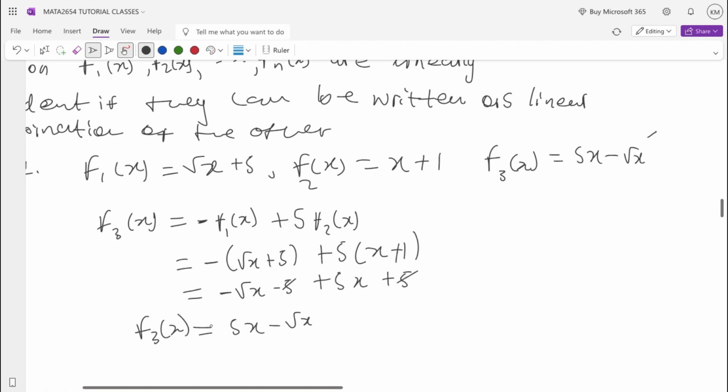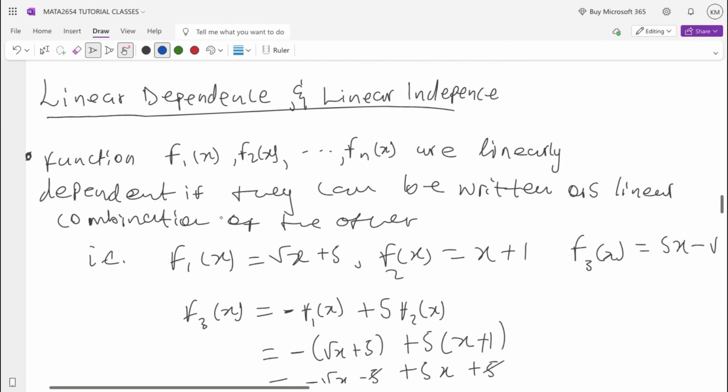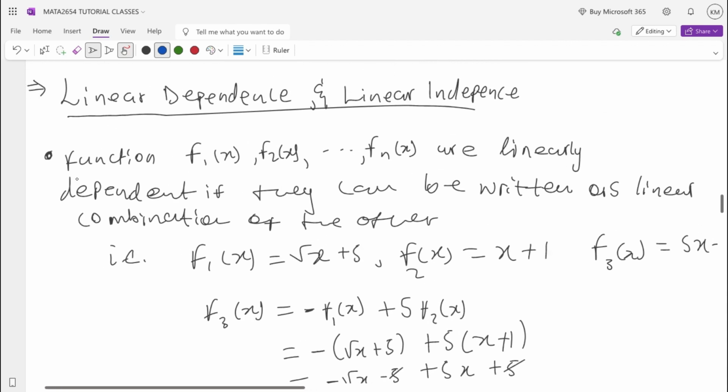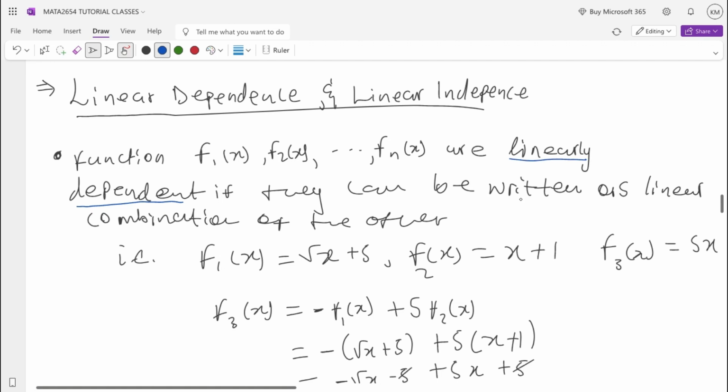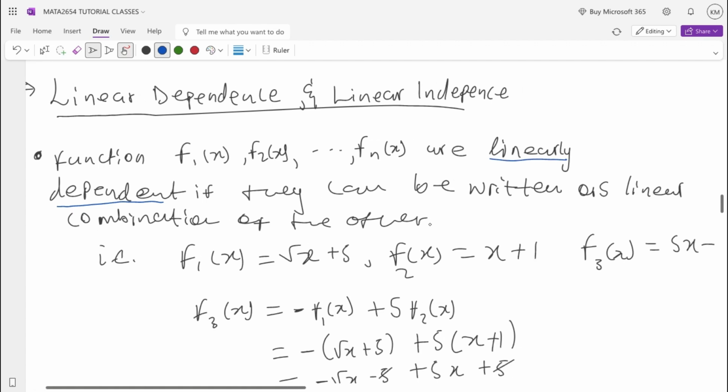So you see that this is what they mean to say. If we are having functions f1 of x and so on, then we are talking of linear dependence when a function can be written as a linear combination of others.